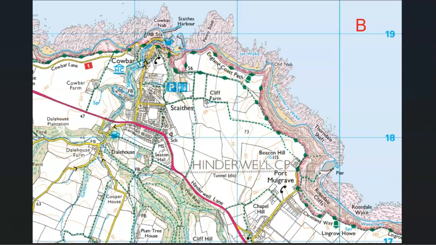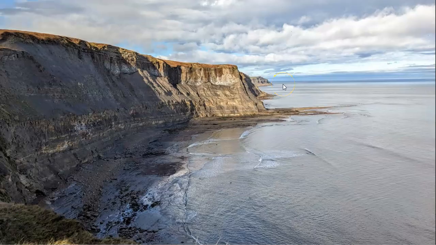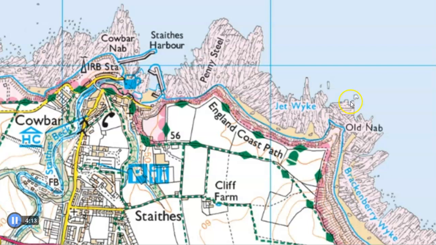It's hard to judge on a photo how high those cliffs are, but I was certainly stood quite a long way below them. You can see that they are above me to the left and above me into the distance, but also quite a significant drop below, so I'm probably halfway up the cliff height there.